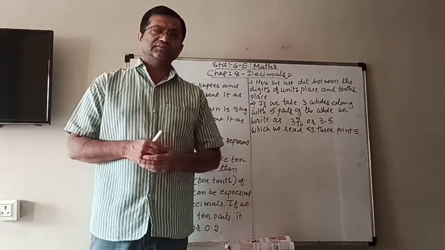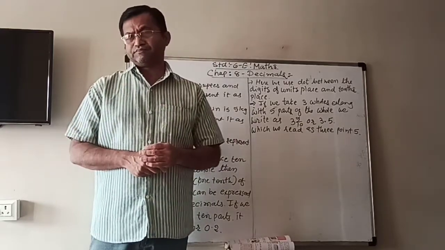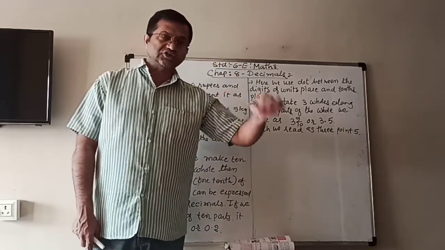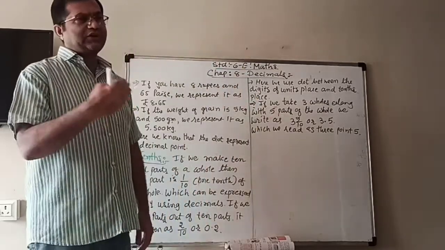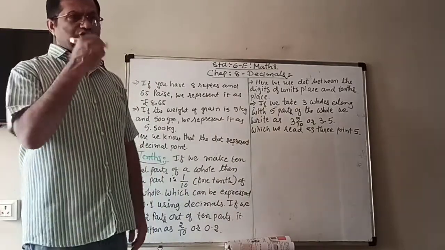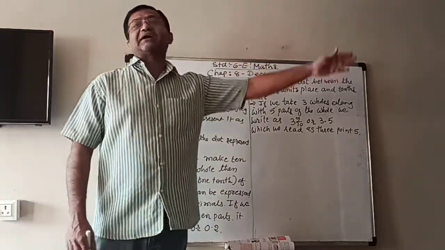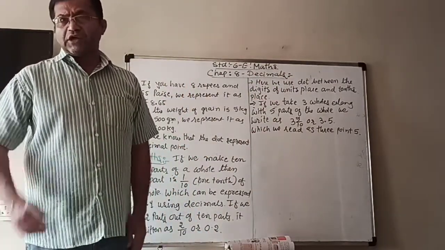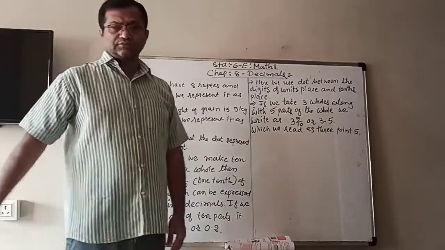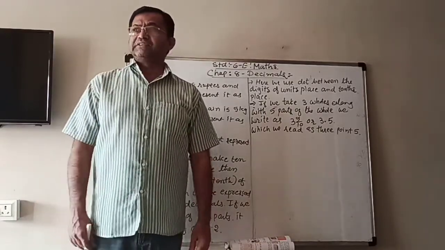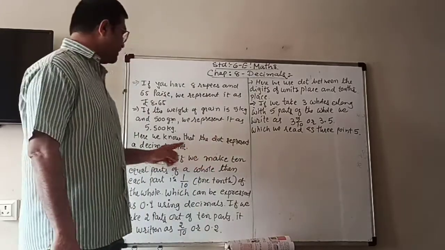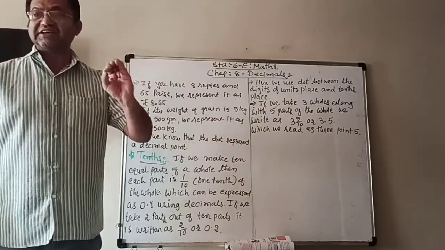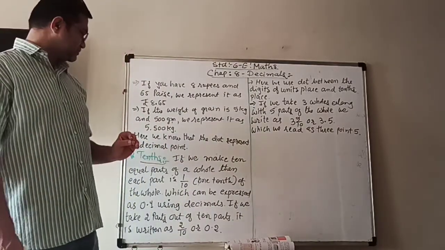But when we are using decimals, then after the whole part we write the dot. Means after the units digit we put the dot and then go to the right side. Now the first place to the right of the decimal point is known as the tenths place. Not tens but tenths, T-E-N-T-H-S, tenths place.